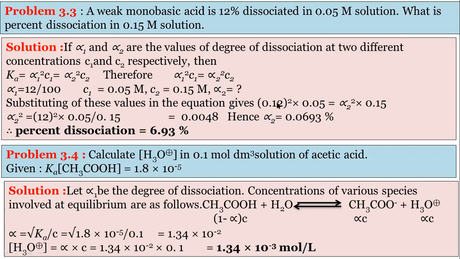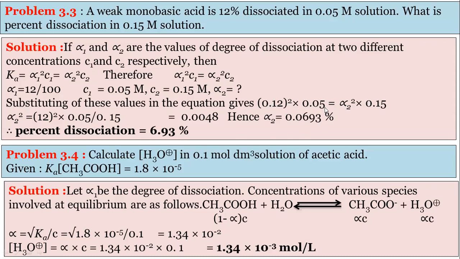So by substituting these values, we can get 0.12 square. What is this? 0.12, remember? See, 0.12 square, this is alpha 1 square into its concentration, alpha 2 square, and its concentration is given.